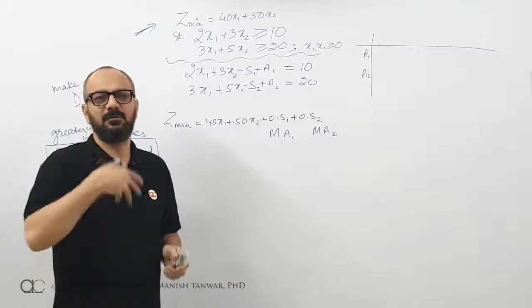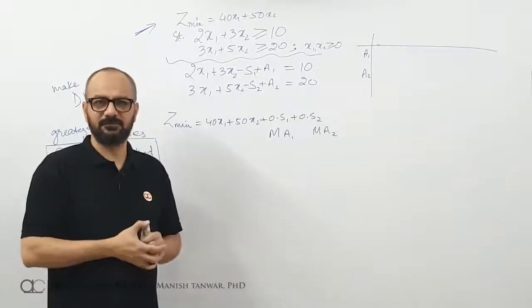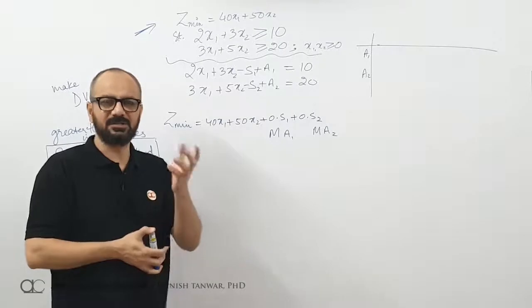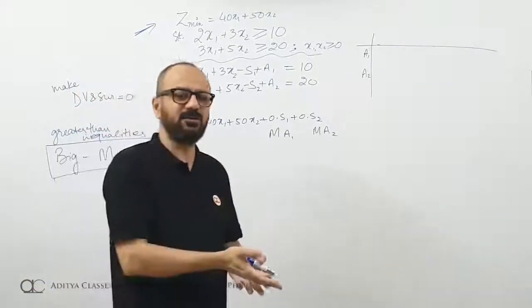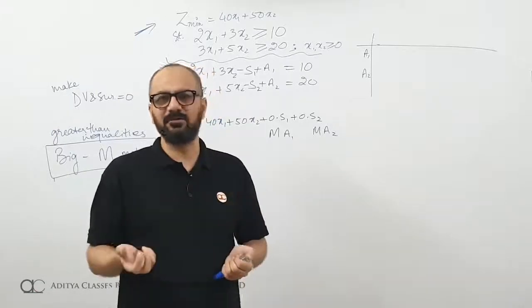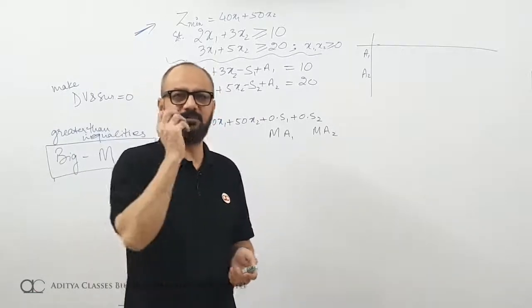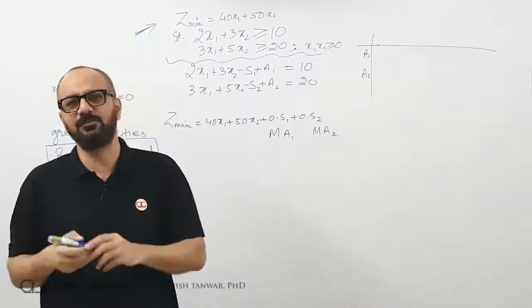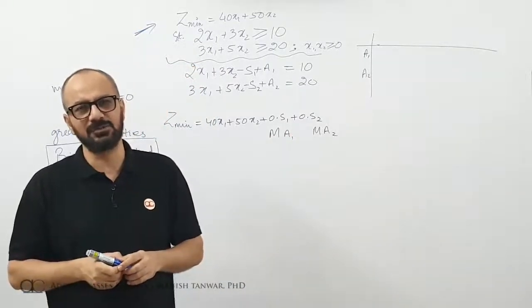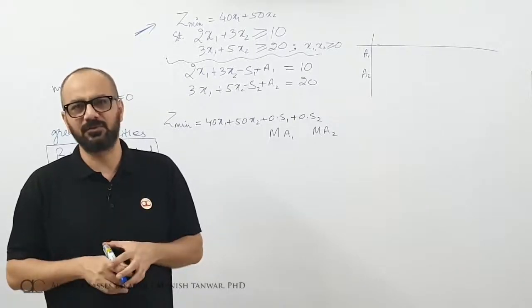S1, S2 mean leaving some units of machine hours idle. Now, leaving some units of machine hours idle does not contribute to profit. Leaving some wooden blocks idle, not consuming the complete 100 wooden blocks, you are only consuming 98 wooden blocks and you are leaving 2 of those idle. This again does not contribute to your profit.